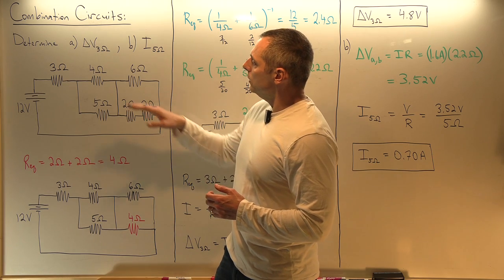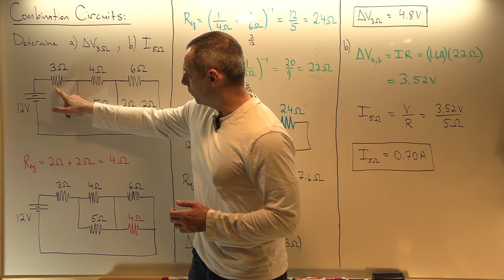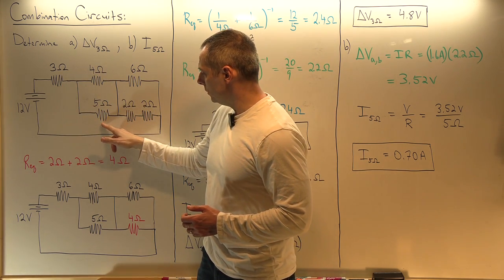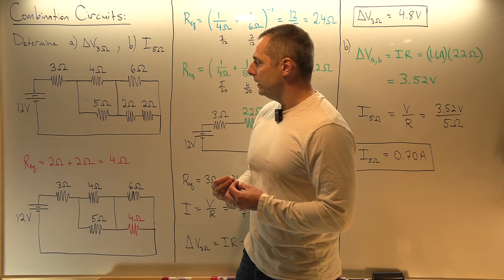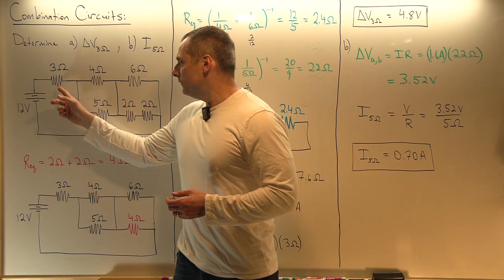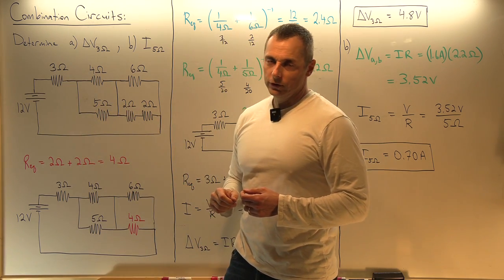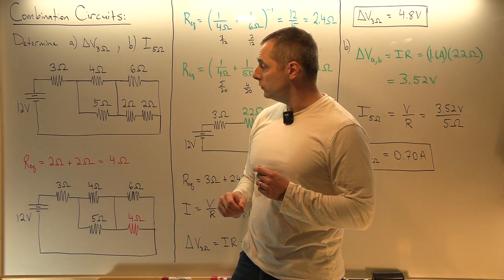And what we have to do is determine the voltage across this 3 ohm resistor and the current in this 5 ohm resistor. Now, the first point I want to make is that the voltage of this 3 ohm is not 12 volts, which is a common mistake a lot of students make.